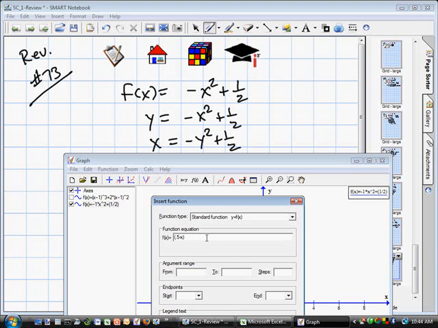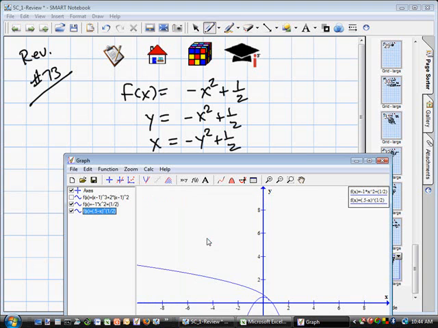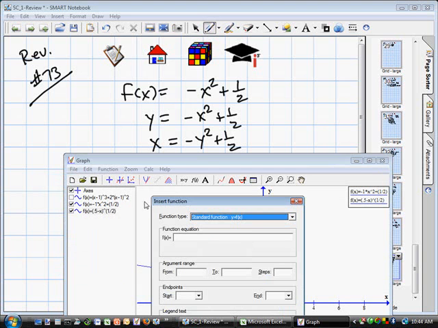And then that's to the 1/2 power, right? Because it's a square root. Okay. And then the other part is the negative root. -1 times 1/2 minus x to the 1/2 power.